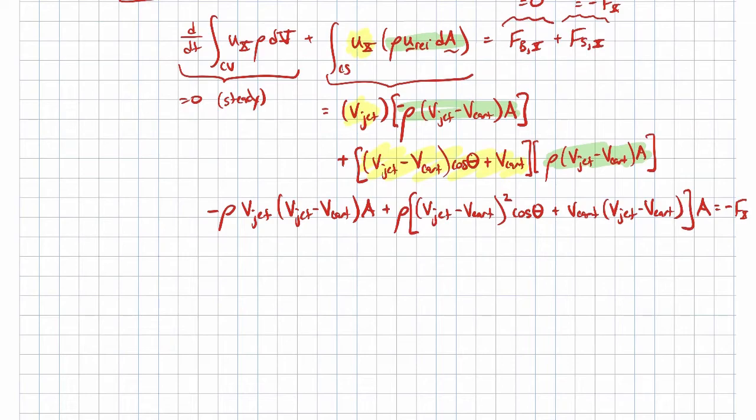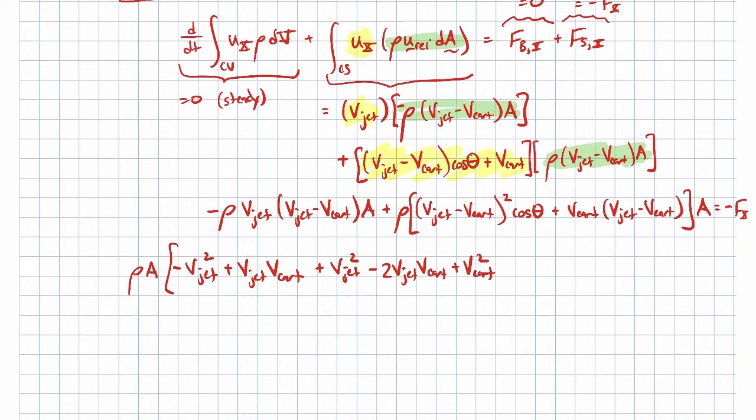I do some rearranging here, okay, so now I have to just do a little bit of algebra. It just gets messy. So that'll be a minus and a plus. Sorry you have to watch all of this, but that's just the way it goes when we do it this method.